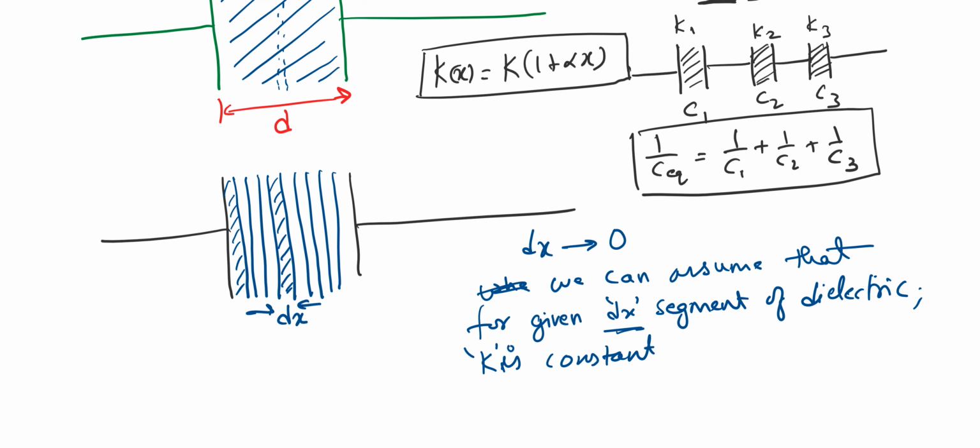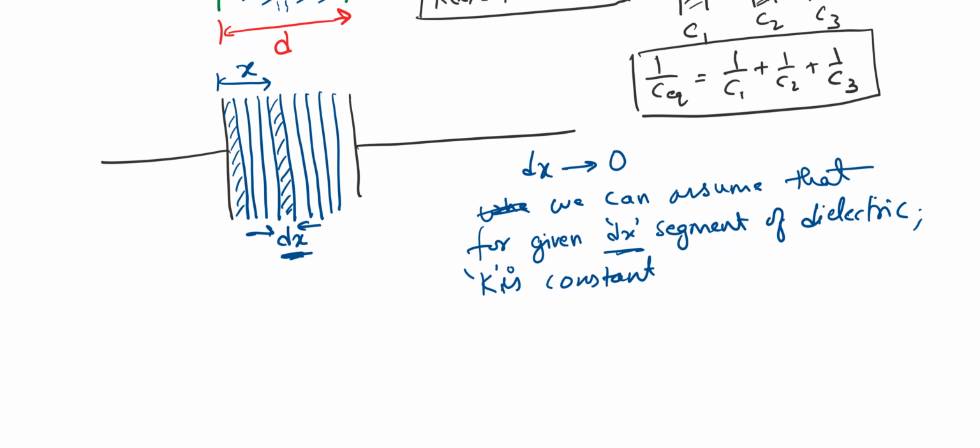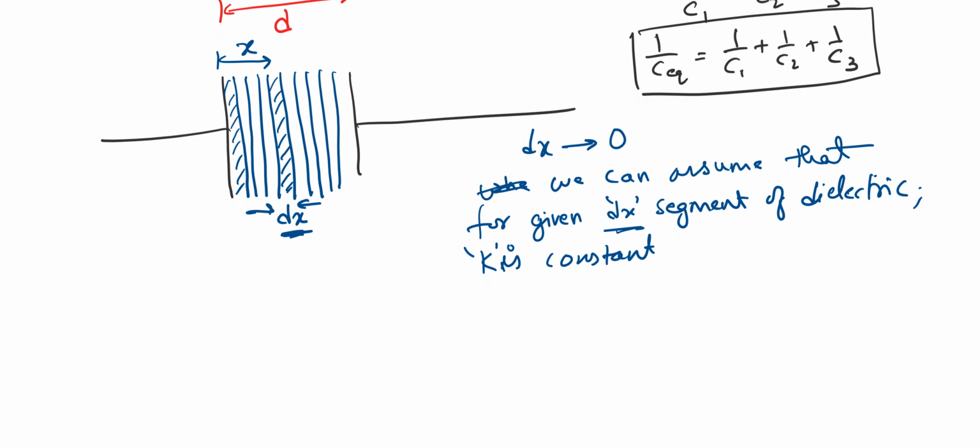So dx is so small that for this segment, we can assume our dielectric constant to be constant. Okay, so that's over here. If we have understood this, then we can go on with the question.